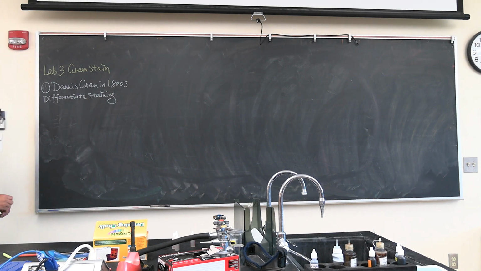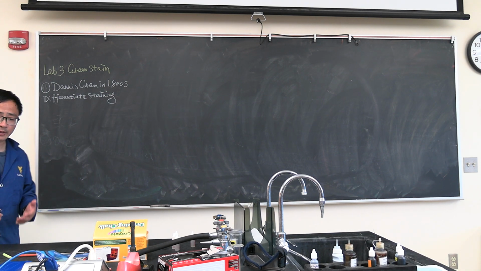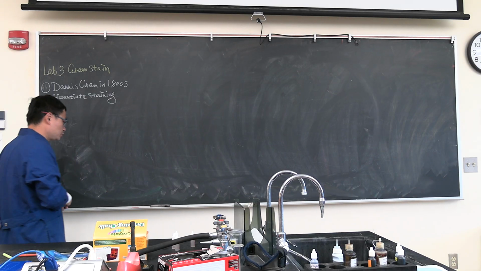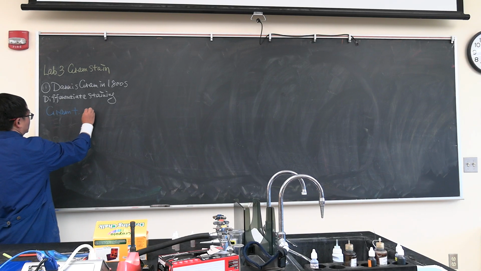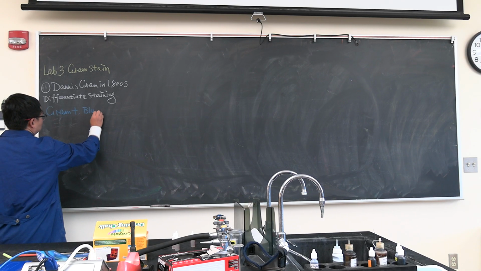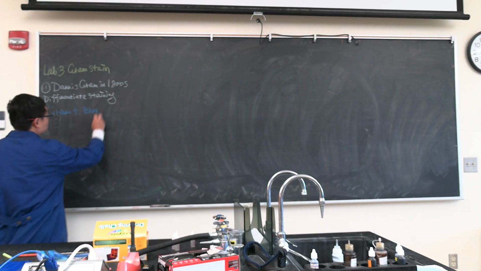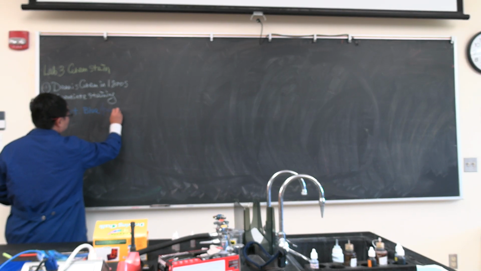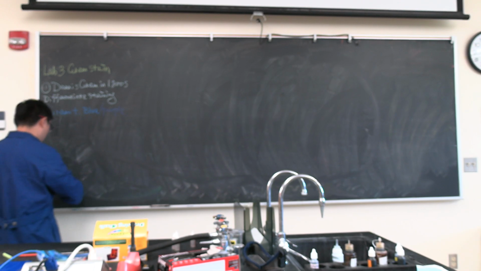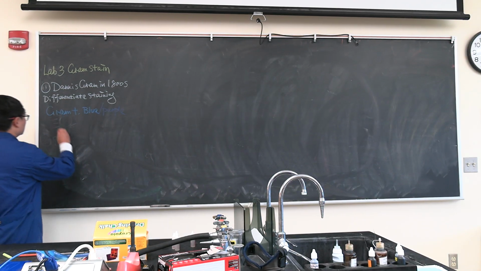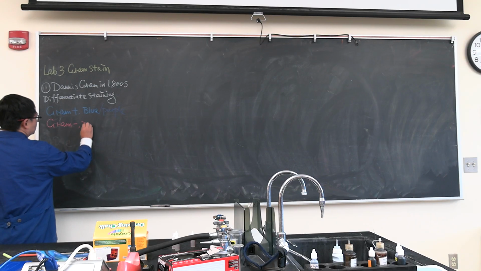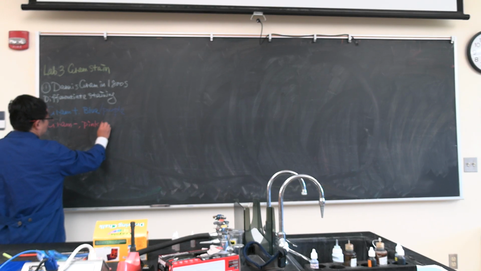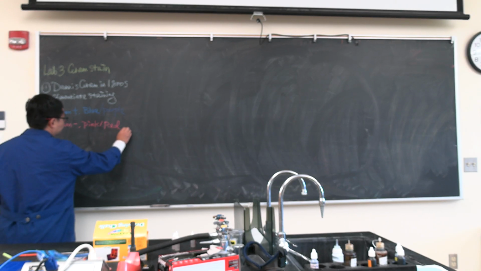The differentiated staining technology categorizes bacteria into 2 categories, which is gram-positive, stains blue, or we say stains purple. And we also will have gram-negative bacteria, stains pink, or we say red.